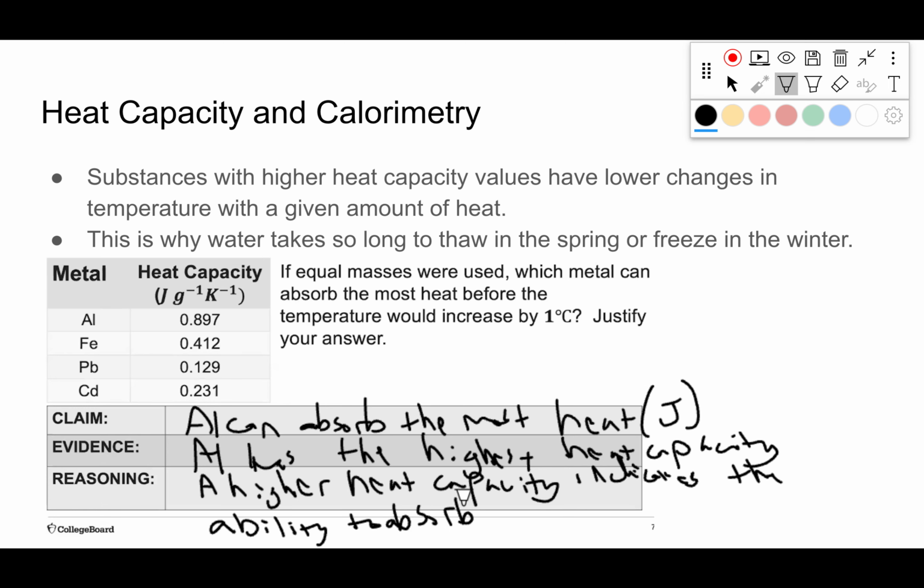It just depends on, this one saying how much can it absorb, depends on if it is heating up or cooling down. So we're talking about heating it up. So absorb more heat before the temp rises.